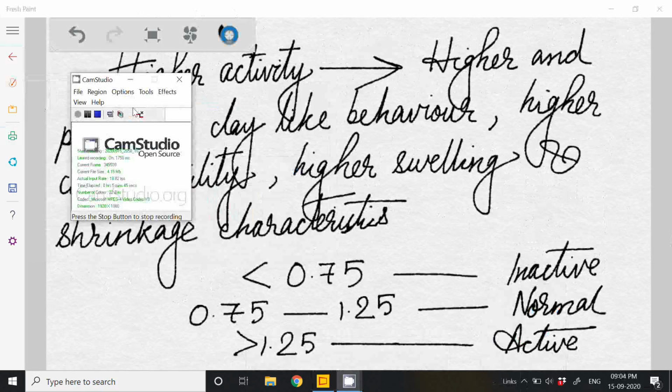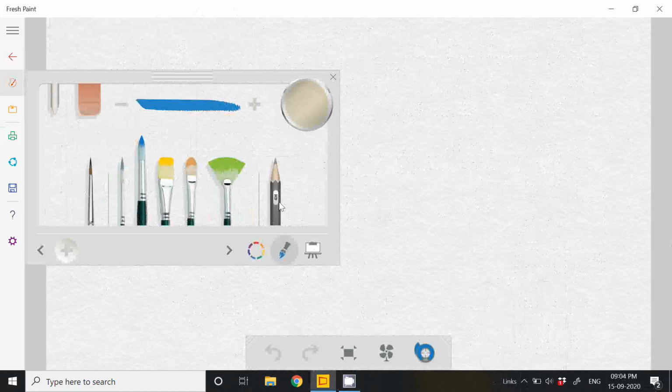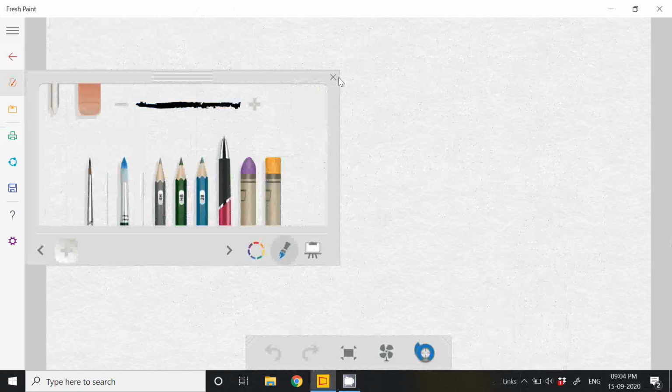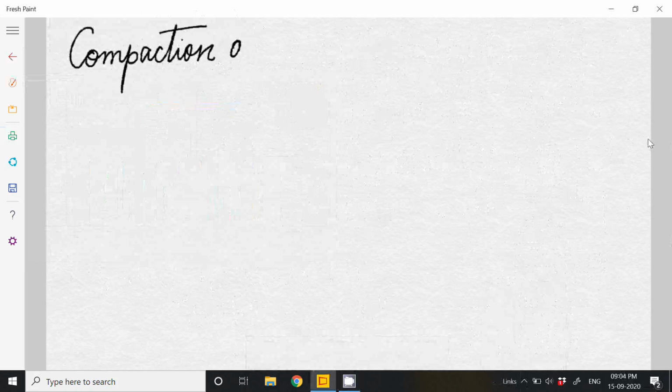Now let us go to another topic, which is called compaction of soil. Let's write it down. Compaction of soil. What does it mean?